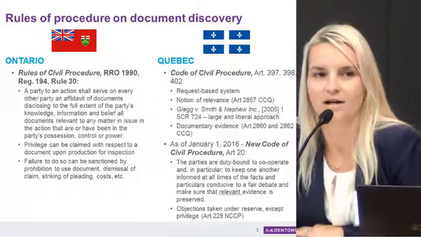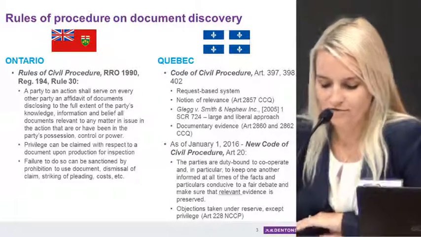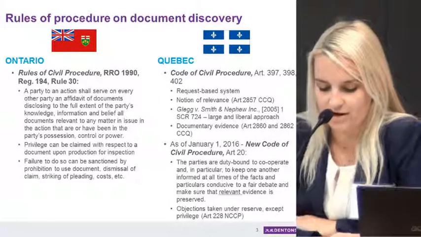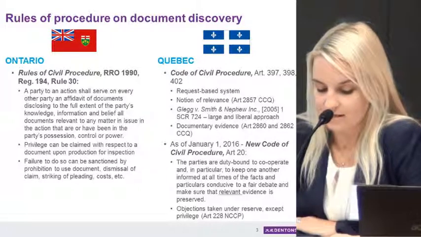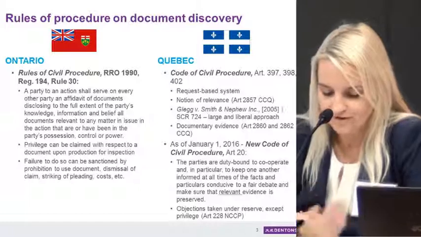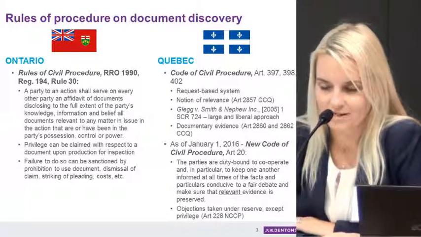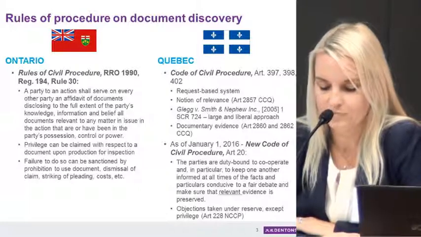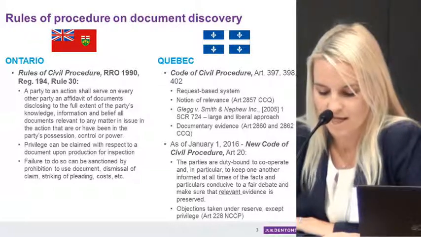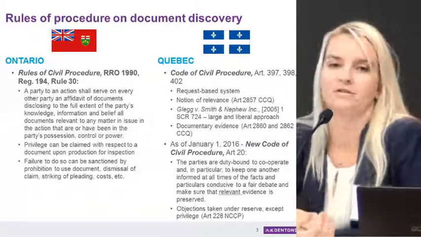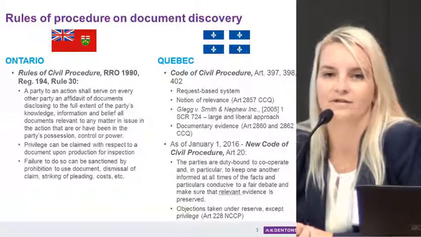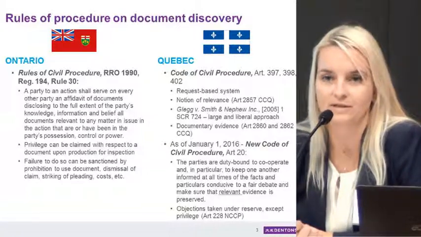And we will have in Quebec a new code of civil procedure that will enter into force in almost a month. The objective of the new code of civil procedure is to ensure the accessibility, the quality, and the promptness of justice. And there will be a new article, so it's new law under Quebec law, Article 20.